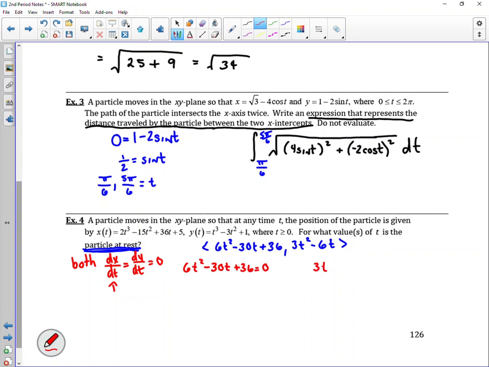And find where both of them equal 0. I'll give you a minute.